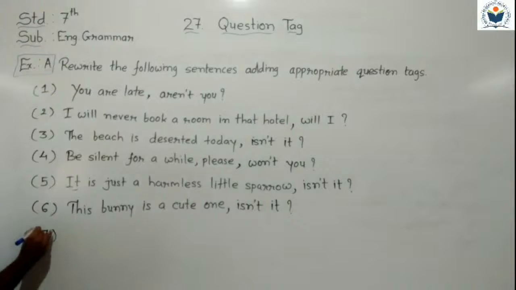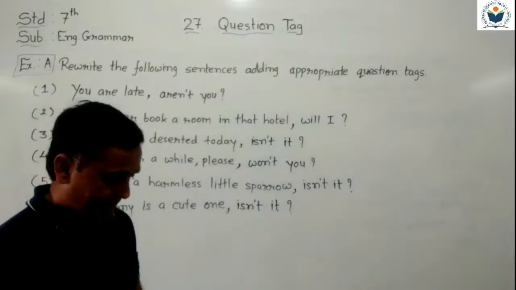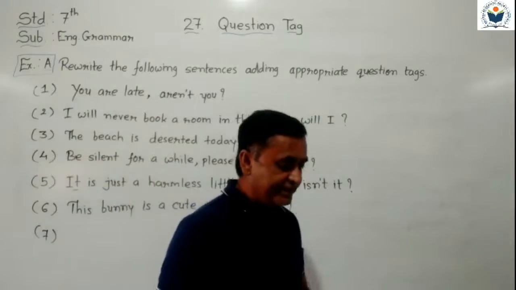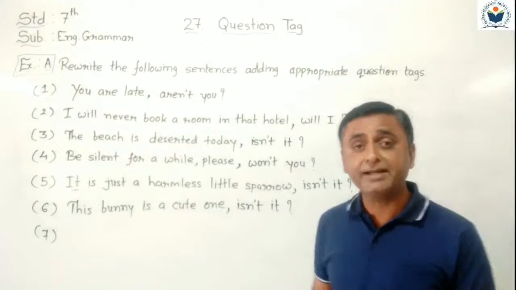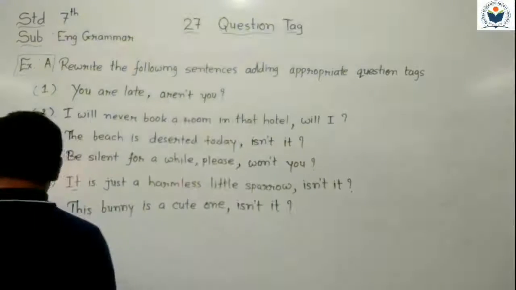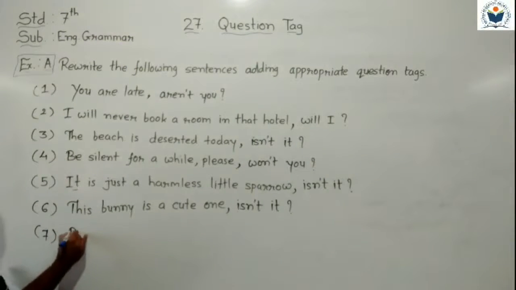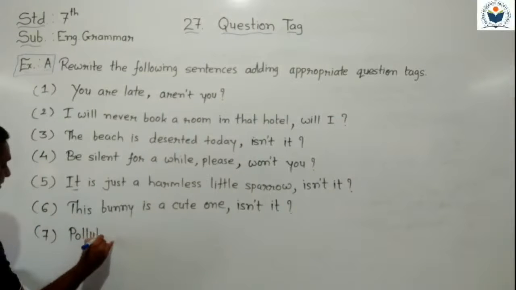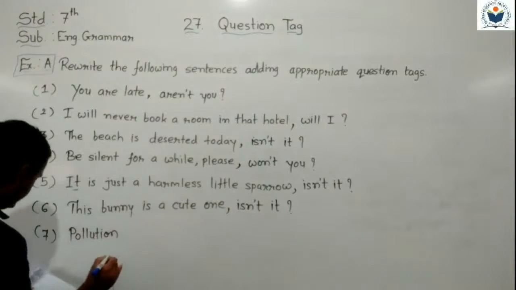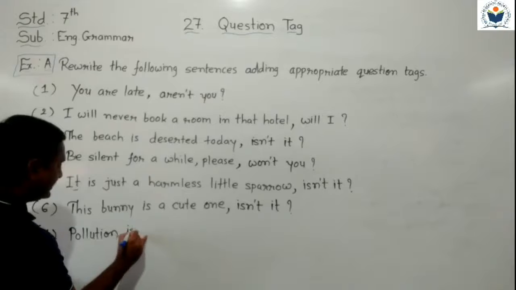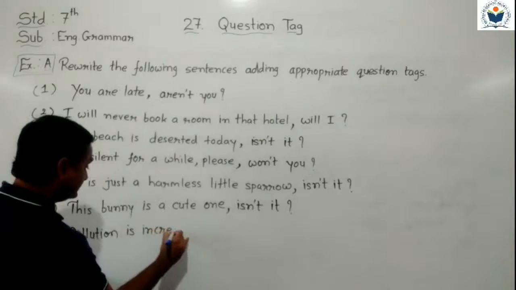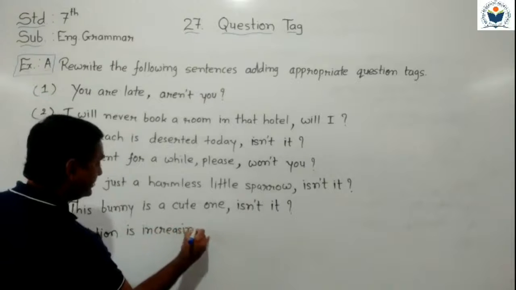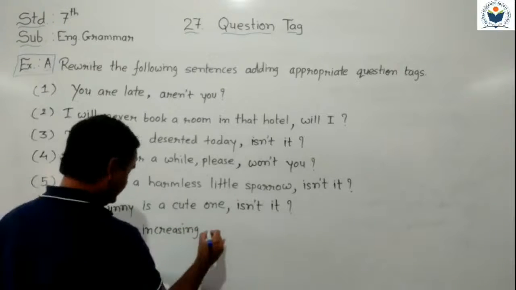Now sentence number 7 we have to understand. Sentence number 7: Pollution is increasing day by day. So now what we have to write here? Pollution is increasing day by day.